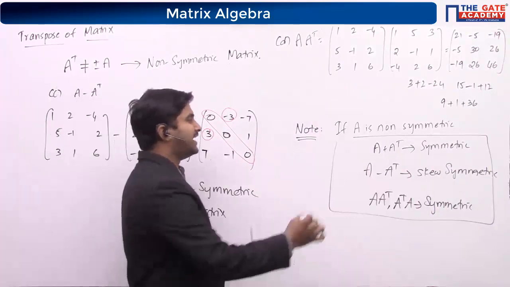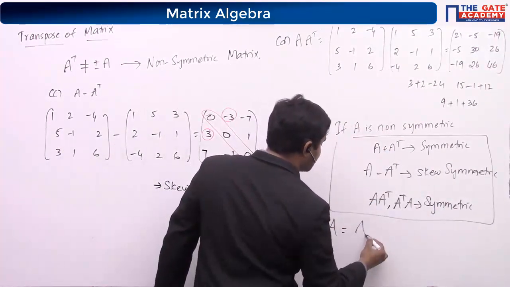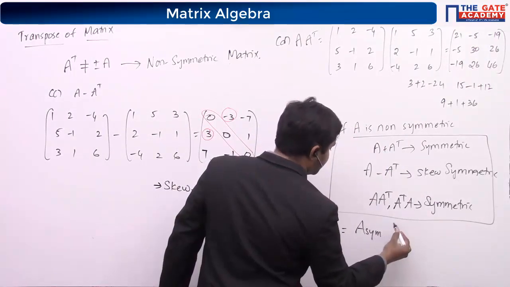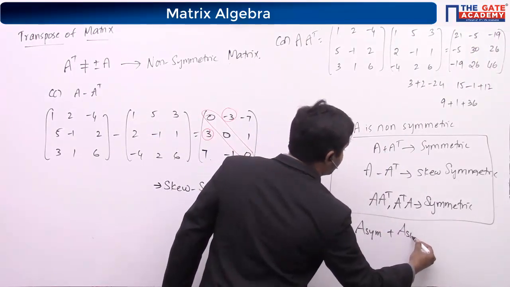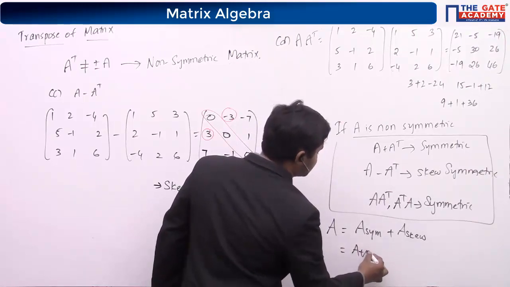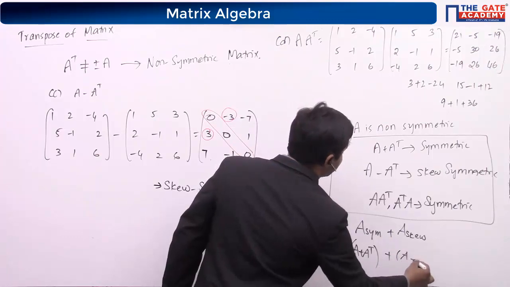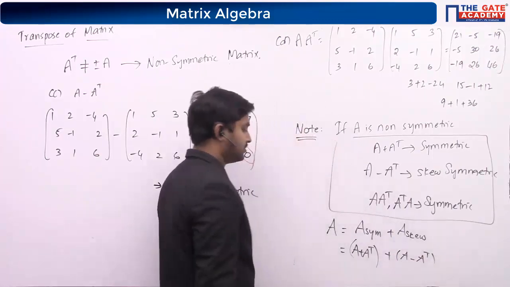And then we try to write a non-symmetric matrix as a summation of the symmetric component plus the skew symmetric component, where the symmetric component is A plus A transpose and the skew symmetric component is A minus A transpose.